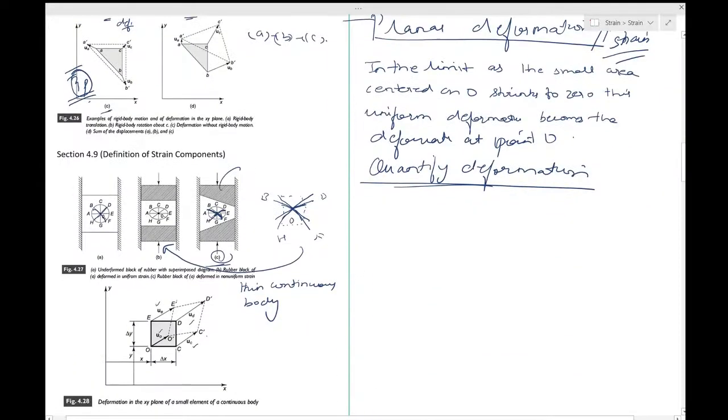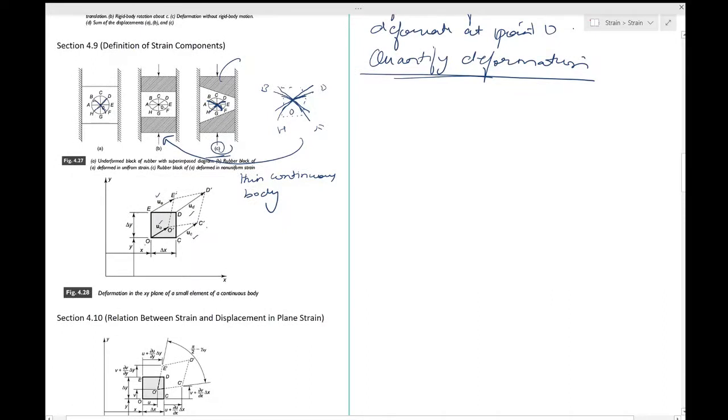So we want to see the motion of O relative to its neighboring points. When we define strain, we always utilize the neighborhood of the point of interest. We want to quantify, give a number of how much deformation has happened. We know deformation has happened, but how much? Strain, as you will see, is a way to do it.